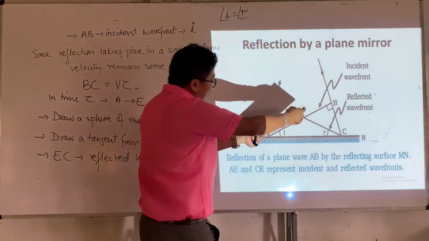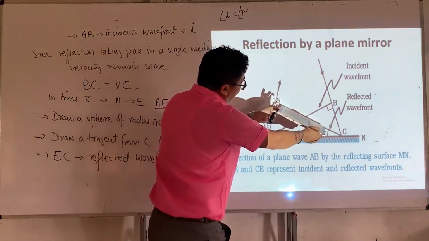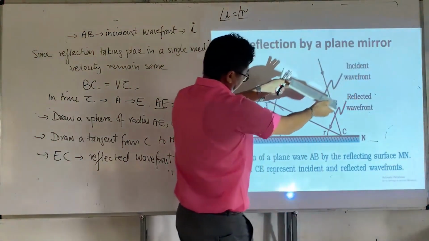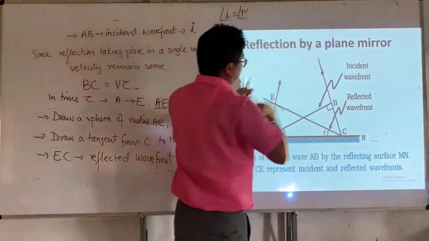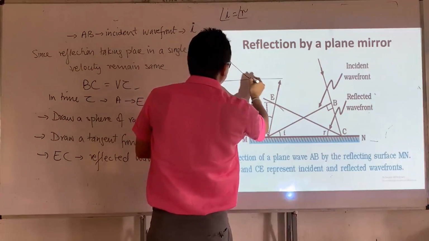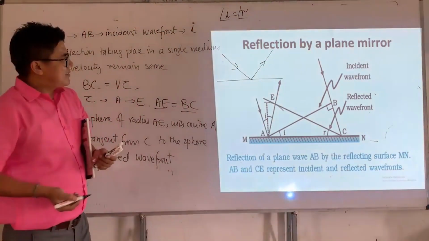Once it is incident on a plane surface or mirror, it is reflected, and this is how. After that it goes like this. This is very similar to ray optics.